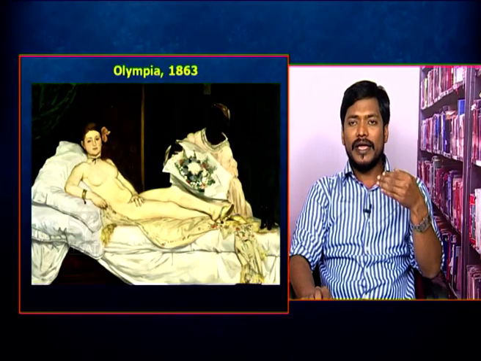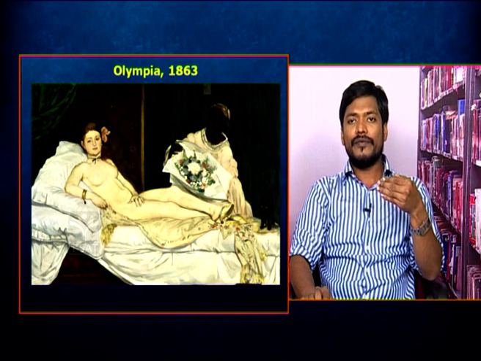Olympia is looking directly into the viewer, right, creating a question of what are you looking at, making the viewer aware of their gaze, right. So this is again the questioning, and how the bodies of prostitutes are objectified by this bourgeois society, right.